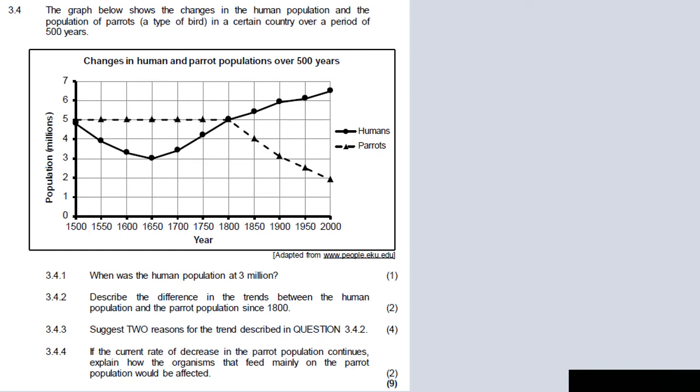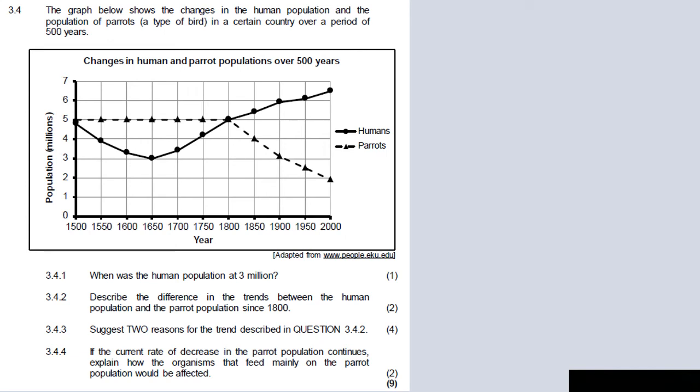The unbroken line with the circle represents humans, and the broken line with the triangle represents the parrot population. The years covered are 1500 to the year 2000, and the population in millions is also given. And this is adapted from people.eku.edu.